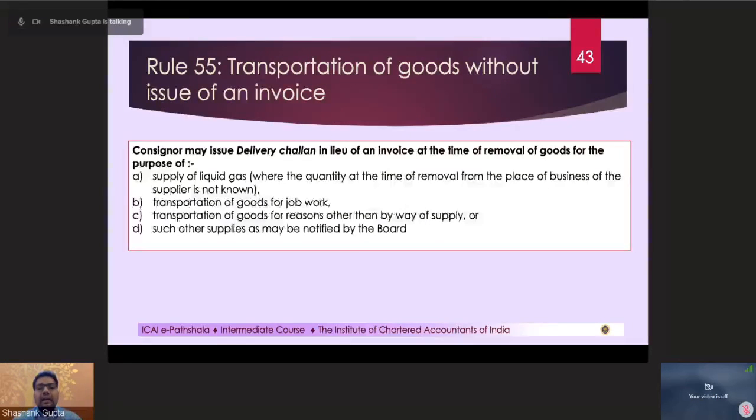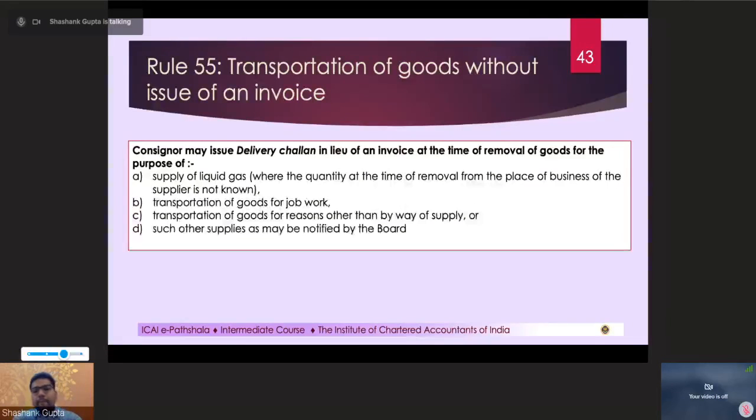Second, transportation of goods for job work, if someone is sending goods for job work. Third, transportation of goods for reasons other than by way of supply. That is, if any Schedule 3 transaction or any non-taxable transaction is taking place, then a delivery challan has to be issued. And fourth, such other supplies as may be notified.